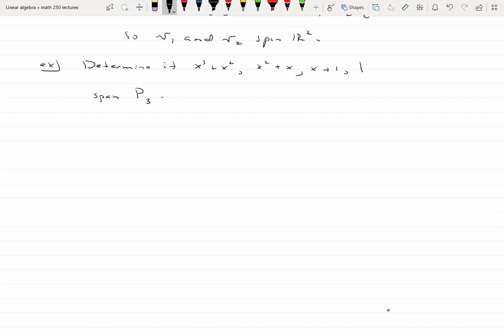This means we're trying to determine if every cubic, quadratic, linear, or constant polynomial can be written as a linear combination of these vectors.